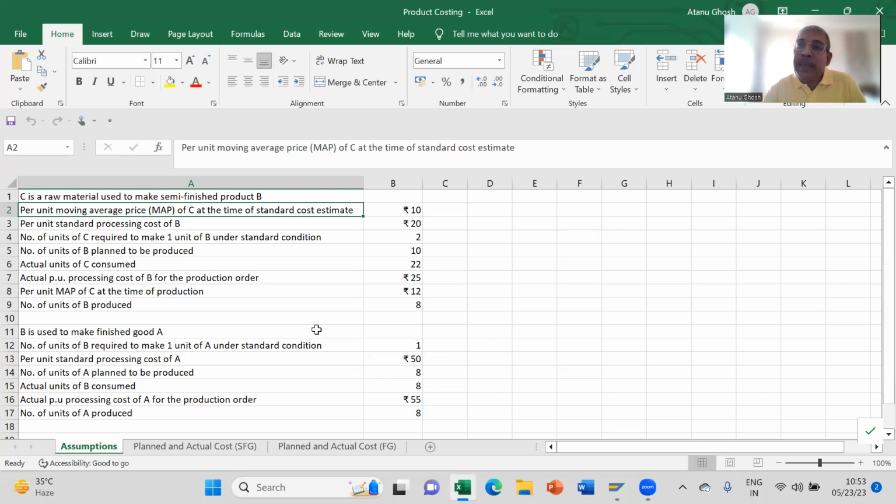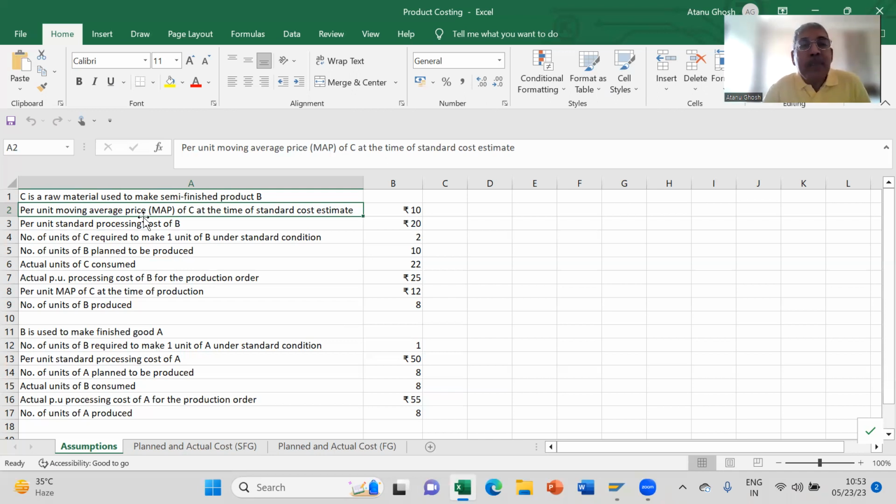This obviously indicates the efficiency or inefficiency in the production process. It also indicates where the efficiencies and inefficiencies lie. And this is one of the very, very important aspects of management accounting. So this is the reason why the moving average price for C is indicated here as ₹10.